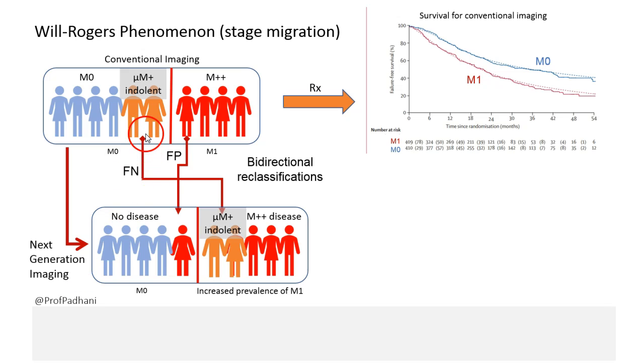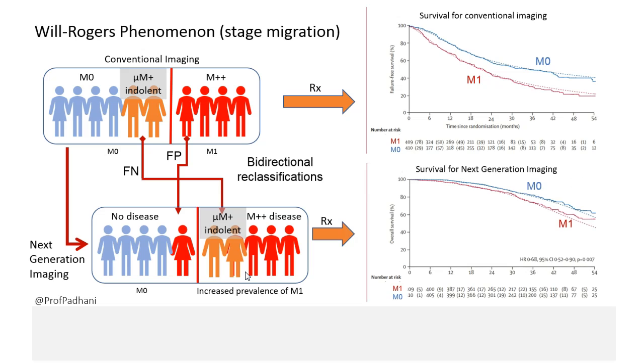In other words, the false negatives move in this direction, but in here we'll have some false positives which will move in the other direction. Now, you'll notice that there are fewer patients with metastatic disease in the non-metastatic group, but we dilute the burden of disease in the metastatic group. So in fact, what you find is that survival overall improves.